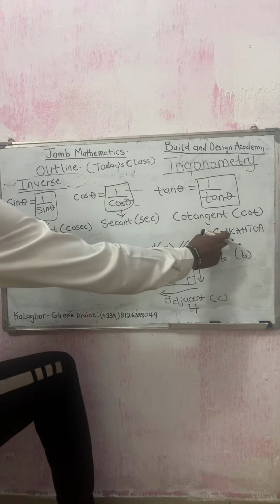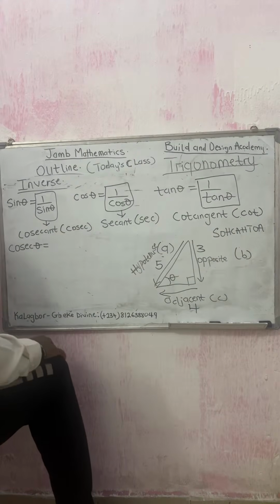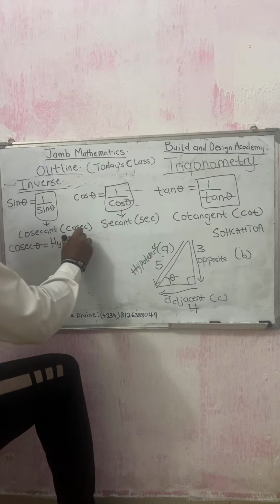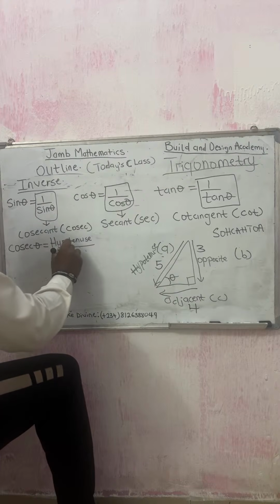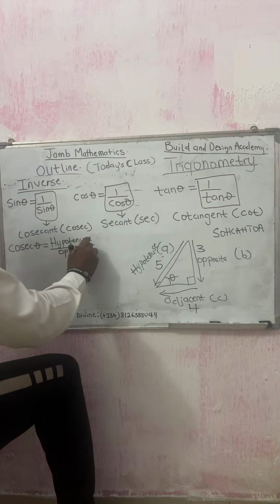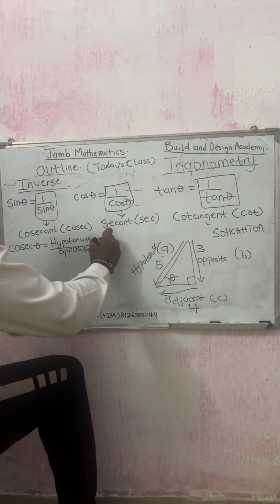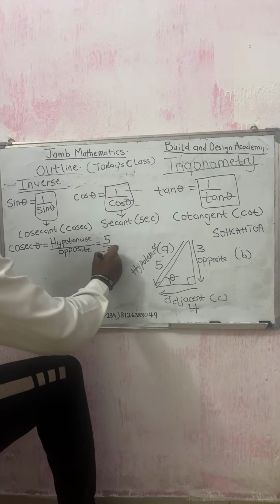Instead of it to be opposite over hypotenuse, it will now be hypotenuse over opposite. Cosec will now be hypotenuse over opposite. And we are given our hypotenuse as 5 and our opposite as 3.